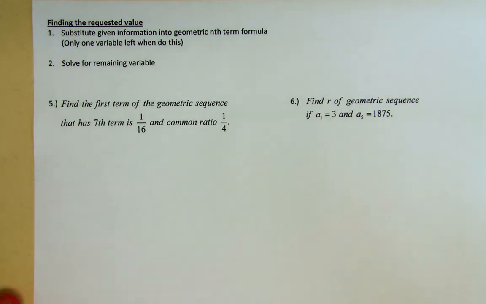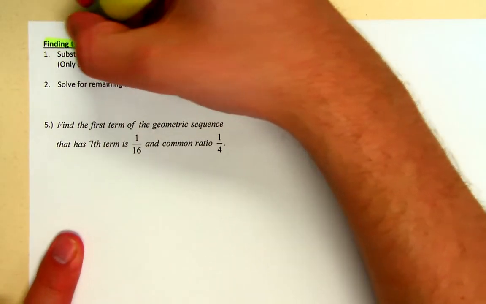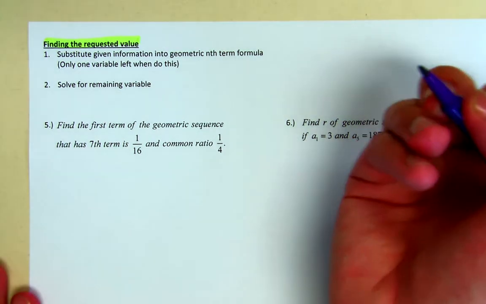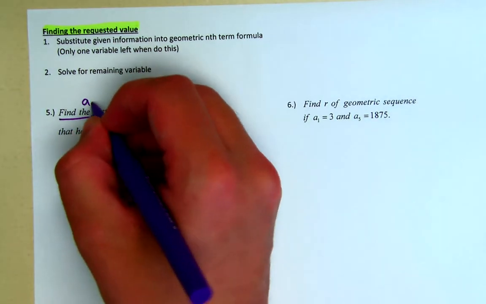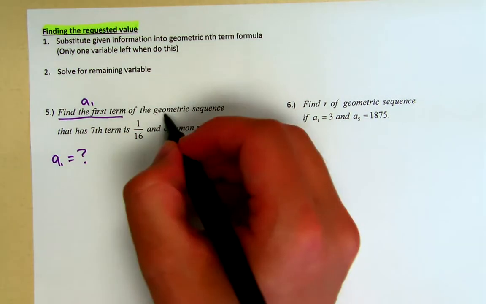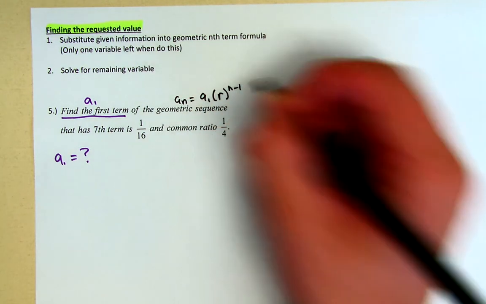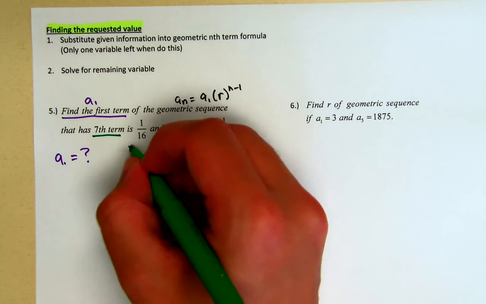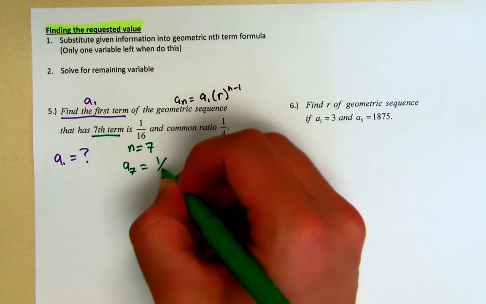So what happens if we have to find the requested term? Finding the requested term or value means first we need to find a formula. For example 5 here, if I want to find the first term, that's a1. I don't know what that is. Of a geometric sequence, I know that an equals a1 times r to the n minus 1. I'm given the 7th term, so n equals 7, and that term, a7, is 1/16.